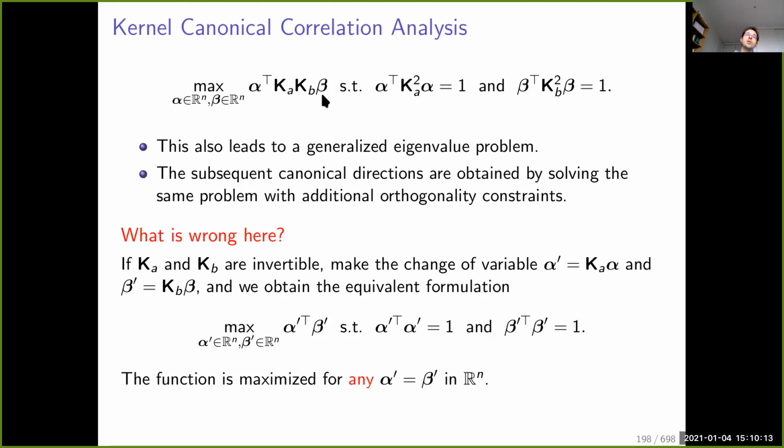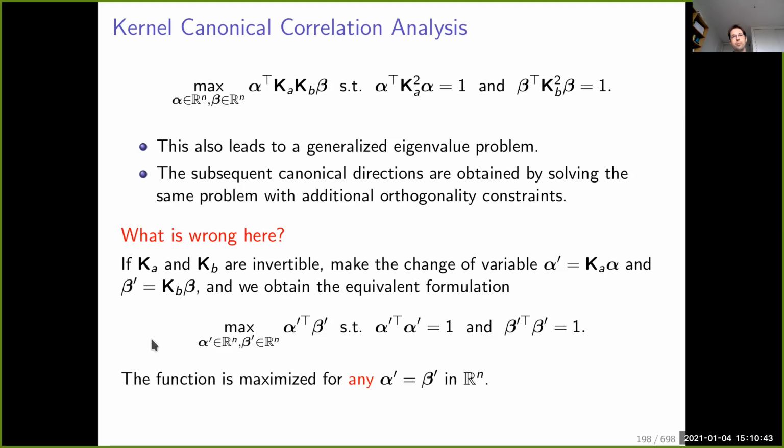What we get is that we are now maximizing over alpha prime and beta prime, alpha prime times beta prime, such that the norm of alpha prime is equal to 1. This corresponds to the term at the top here. The norm of beta prime is also equal to 1. It corresponds to this term. And we want to maximize this inner product.